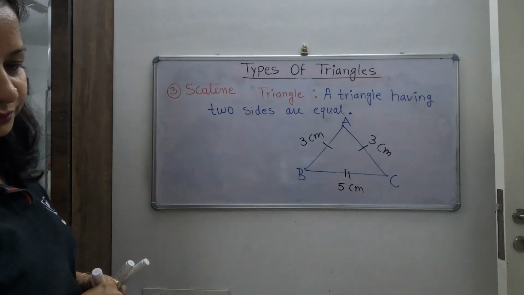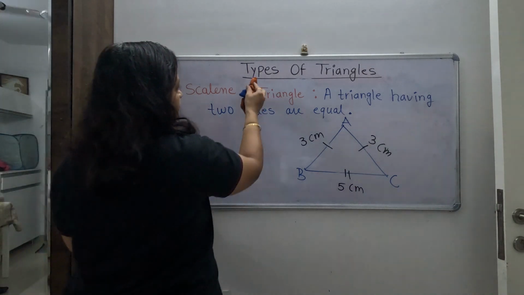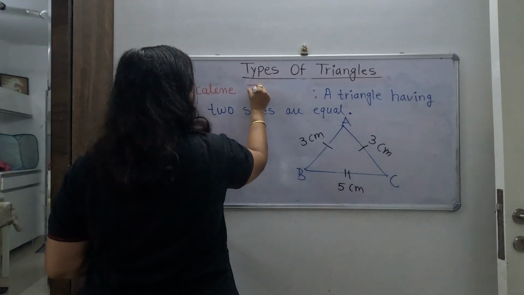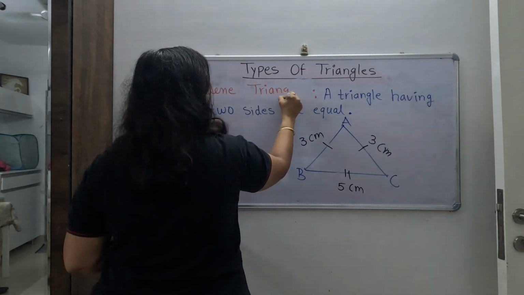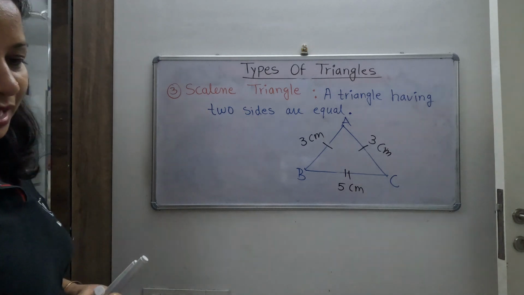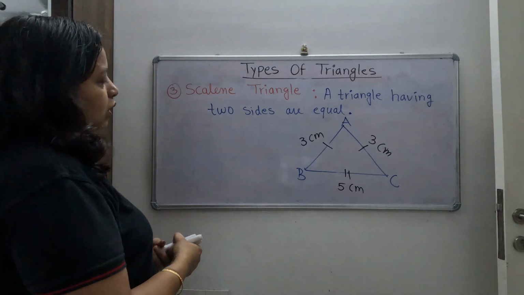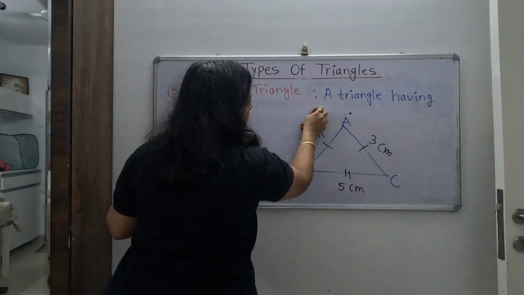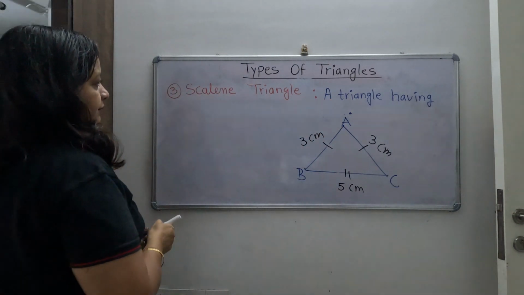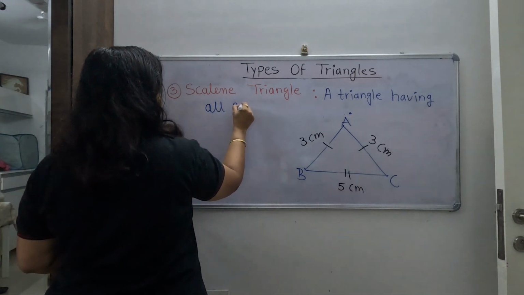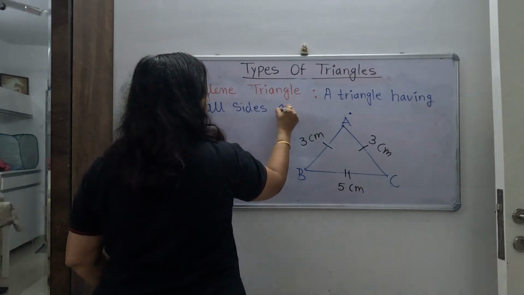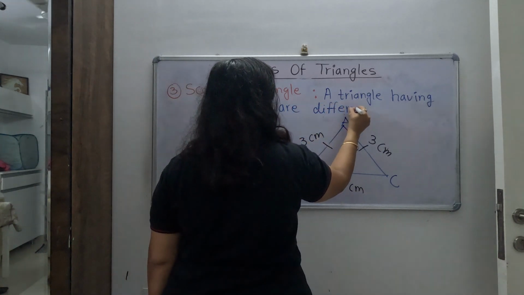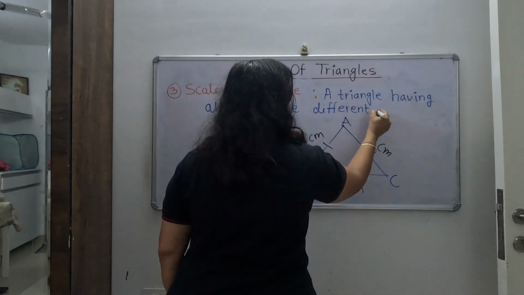Scalene triangle: a triangle having all the sides different.